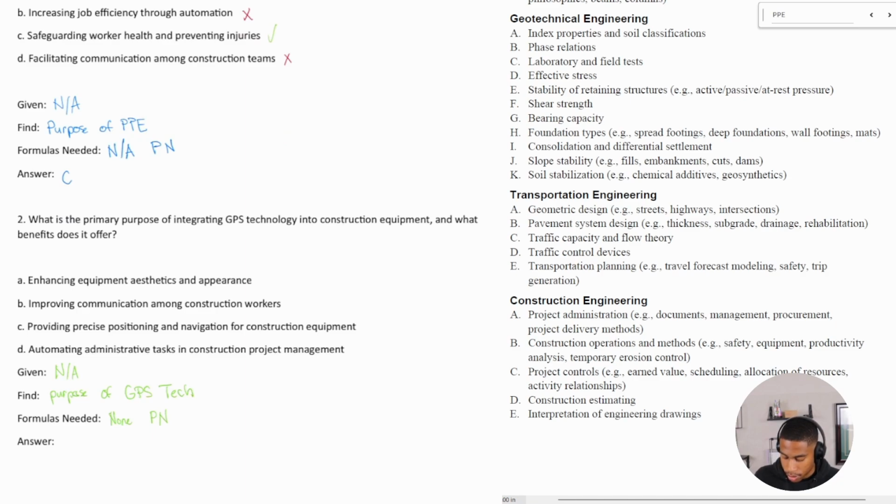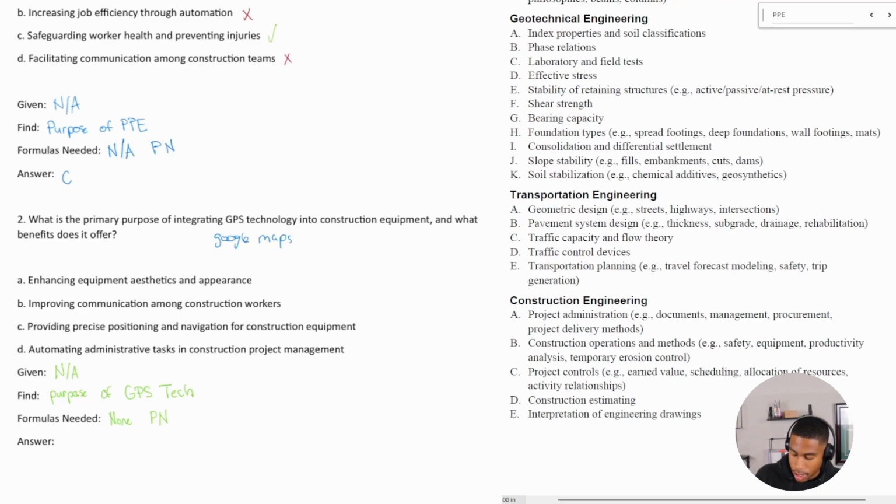Okay, so what's our answer? All right, so does GPS technology help in enhancing equipment aesthetics and appearance? So before we answer this, what is GPS technology, right? This is where the prior knowledge comes in to where you're able to answer this question. GPS technology just allows you to know the location of things. And hopefully you're familiar with this as far as, for example, maybe Google Maps.